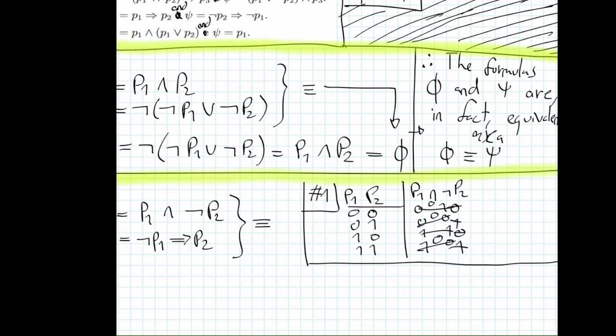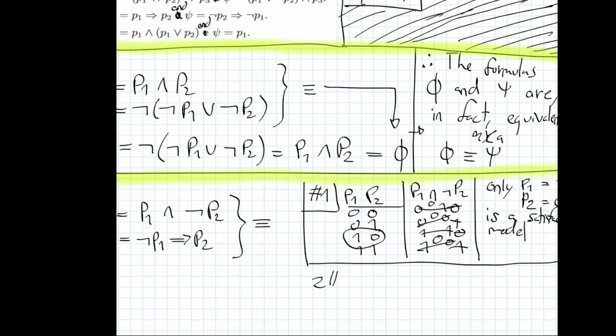So only this scenario proves to be satisfactory: P1 equals 1 and P2 equals 0 is a satisfactory model.